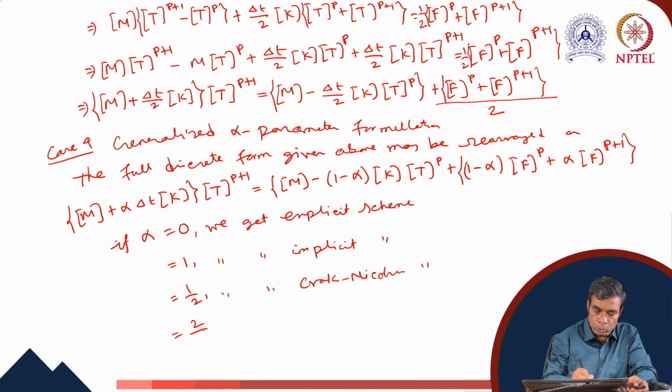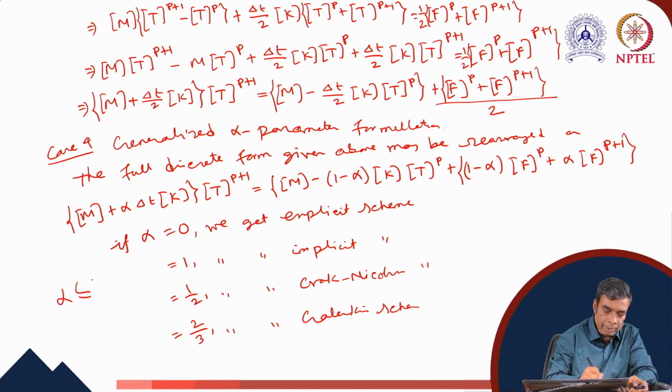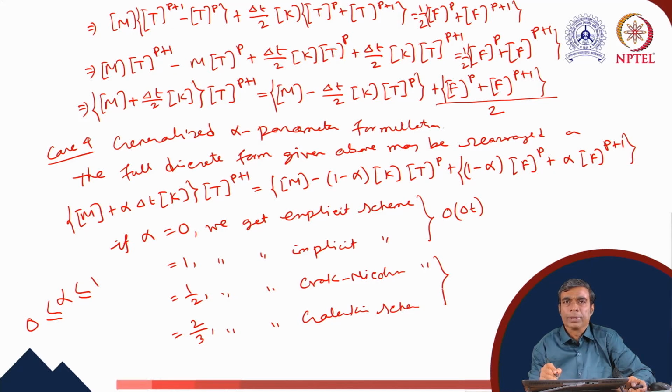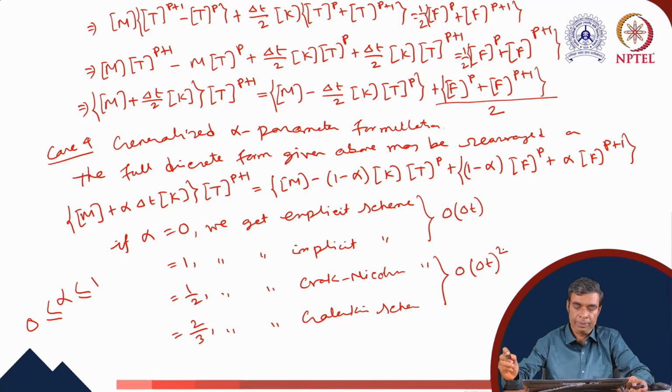If alpha equals 2/3, we get the Galerkin scheme. So the value of alpha lies between 0 and 1. The first two schemes, the explicit and implicit schemes, have first order accuracy, so this is order of delta T. The last two schemes, namely the Crank-Nicolson and the Galerkin scheme, are second order accurate in time. So it can be represented as order of delta T whole square.